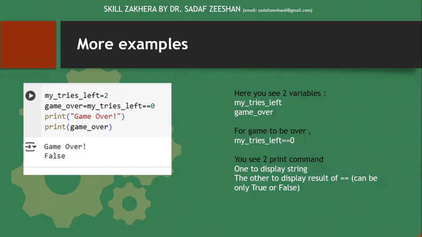When this condition is true, then I'm going to print game over. So I want to check if my game is over yet or not. Now remember, I have 2 tries left. So it is claiming to be false as I still have 2 tries left. This condition is not yet true, so that is why it is going to display false.